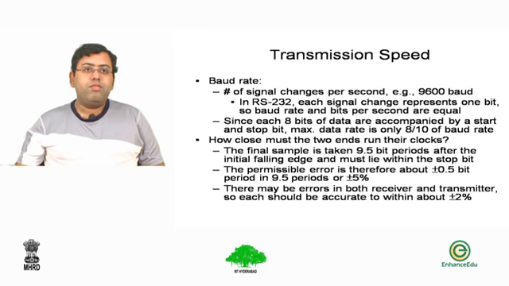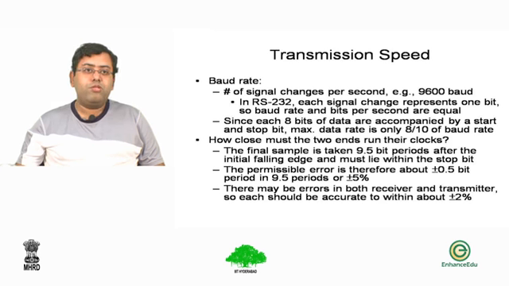When it comes to referring to the transmission speed, we typically specify it in terms of the baud rate, which basically refers to the number of signal changes per unit time. So when we say 9600 baud, it basically refers to 9600 signal changes per second.